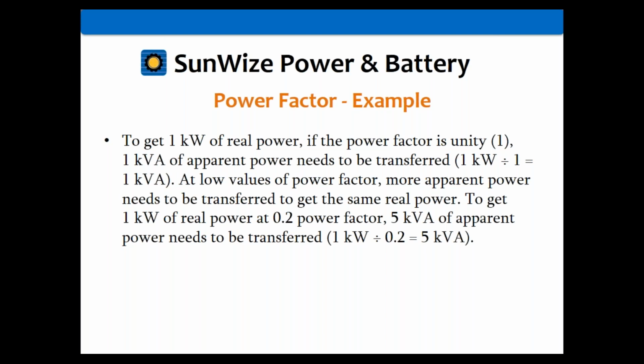Okay, I know that's really a bad number, but it really drives the point home. You actually divide your real power by your power factor. So in the case of the 1 kilowatt divided by 0.2 power factor, you're going to get an actual apparent power of 5 kVA.